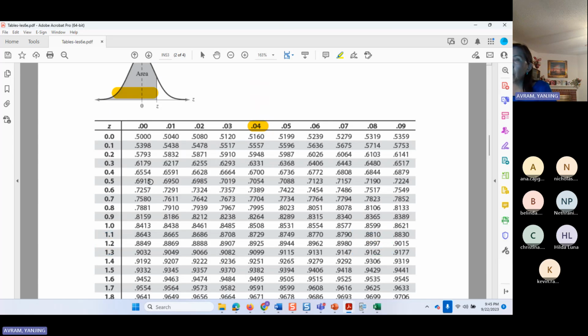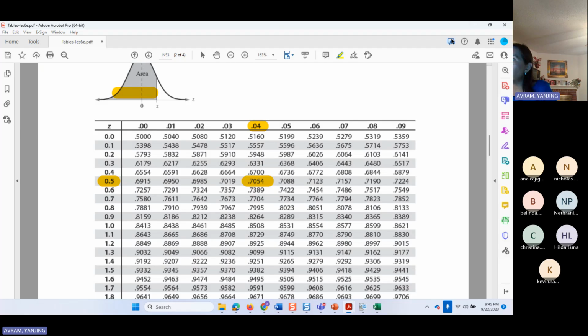All right, so 0.5 right here, and 0.04 right here, so that will be right here. So for 0.54, reading forward, just read the table, very easy.